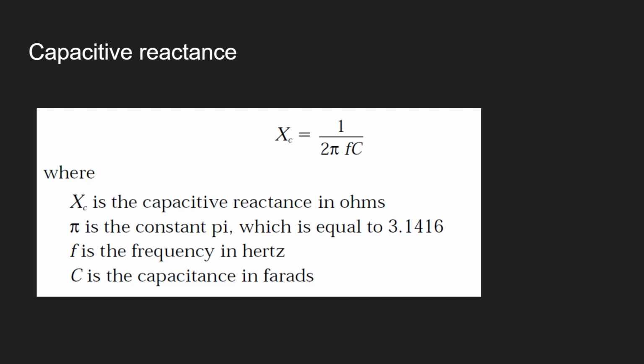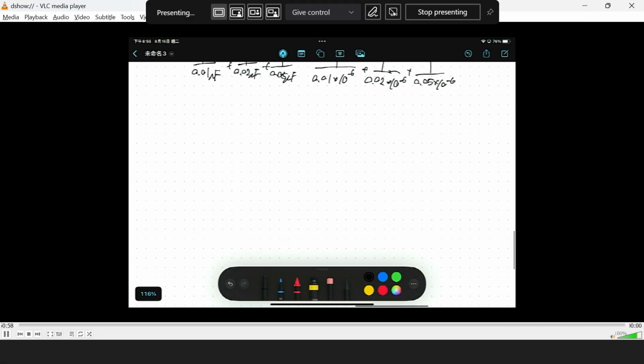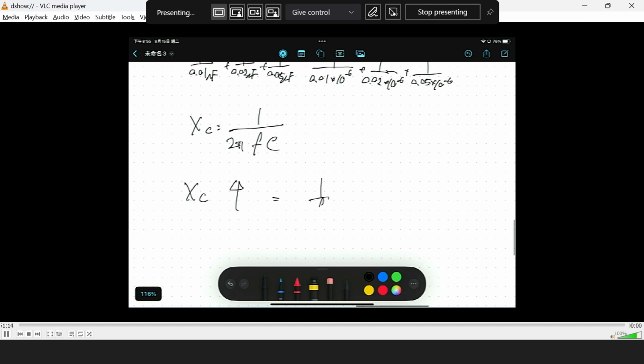Okay, let me grab this board with me. Very good. That's why I have to bring my iPad so I can draw any stuff that I want. 1 over 2 pi FC, right? So when XC goes up, 1 over F also goes up, which means F goes in which direction? Yes, F goes down.